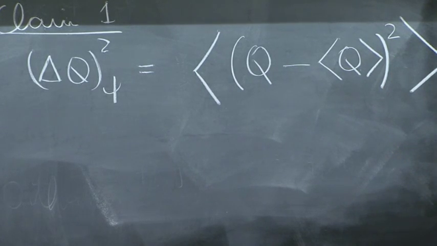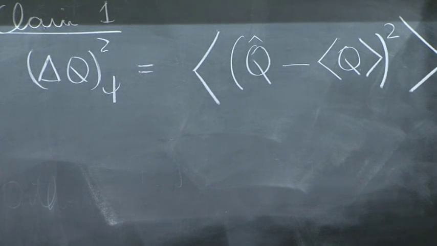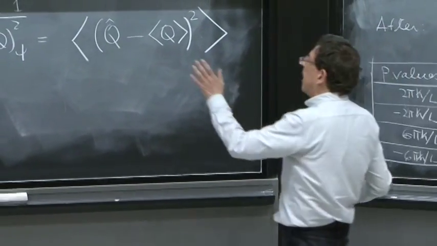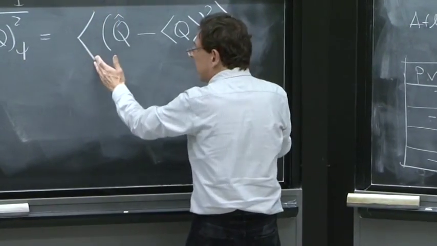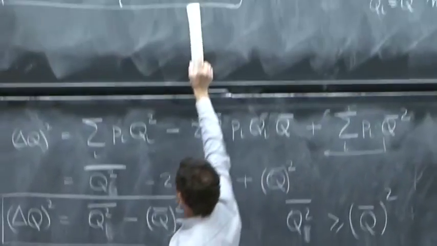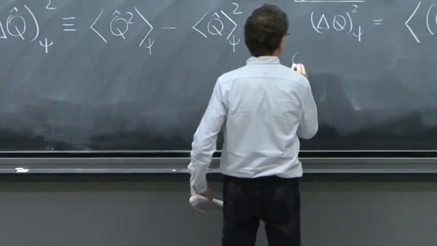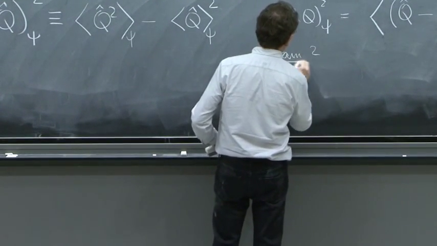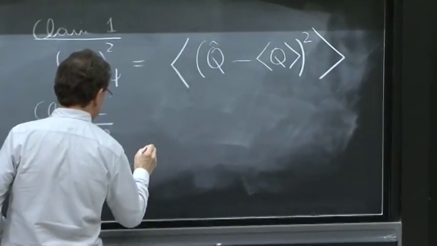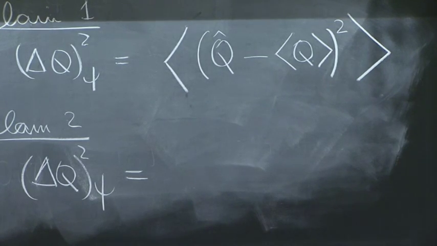It looks funny, and we'll elaborate this, but the first claim is that this is a possible rewriting. You can write this uncertainty as a single expectation value. This is the analog of this equation in quantum mechanics. Claim 2 is that delta Q squared on psi can be rewritten as this.